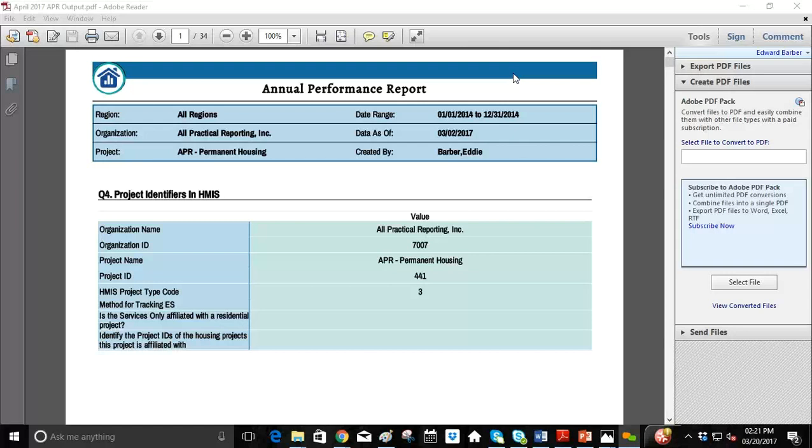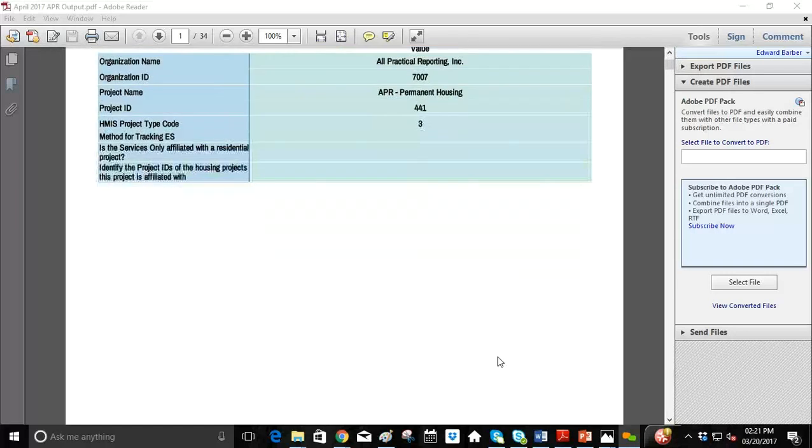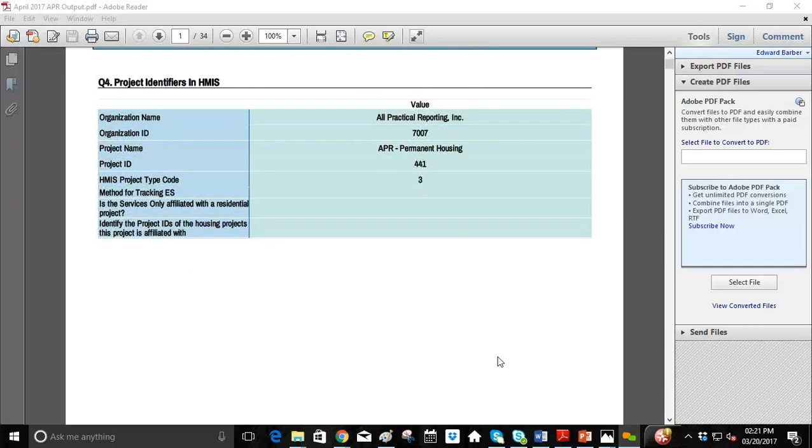So if a client was served in your system set up as 2 different projects, but it's really one, you're going to get the most recent enrollment for project 1 and for project 2, thereby counting that person in both. No. If they're in rapid rehousing 1, then they cannot be served in rapid rehousing 2. Okay, that's nice and clean, so there shouldn't be a problem with that. Exactly.